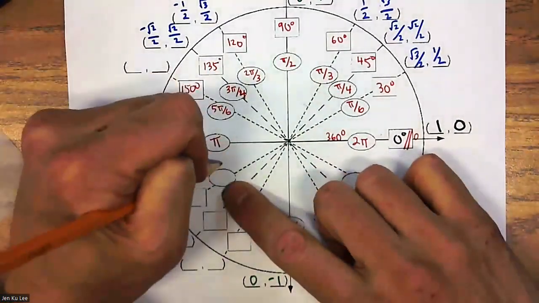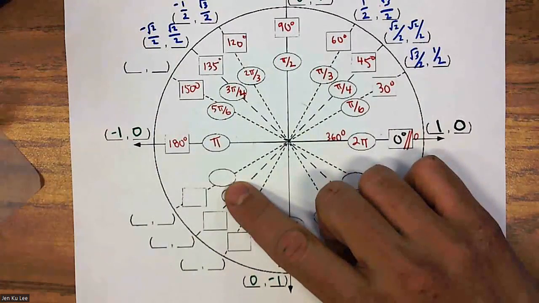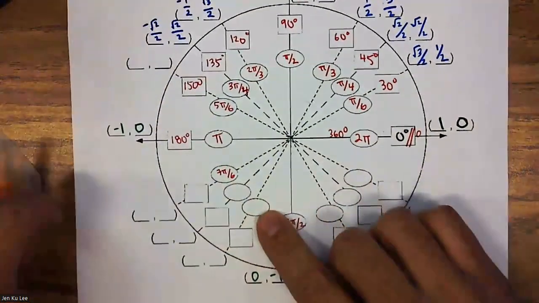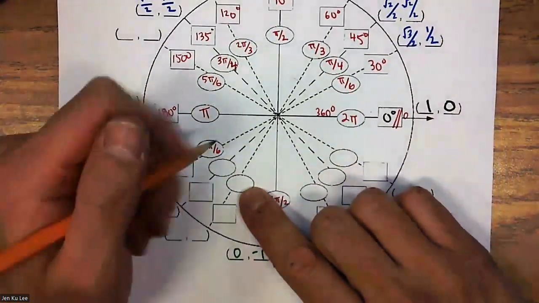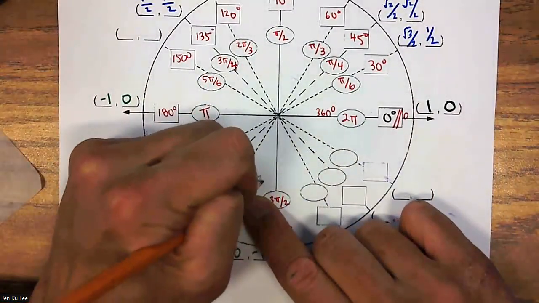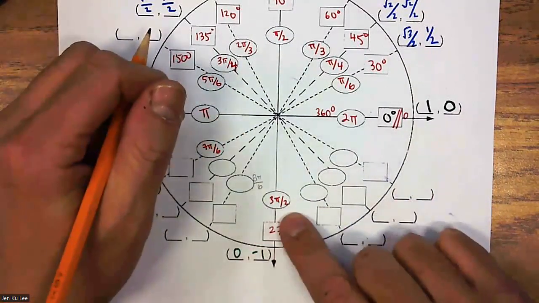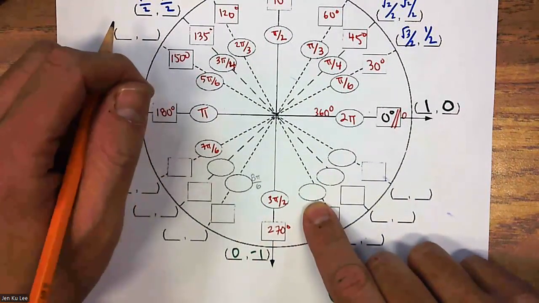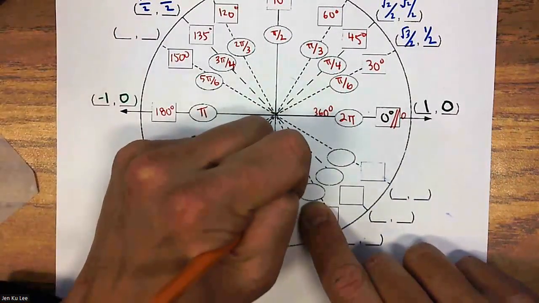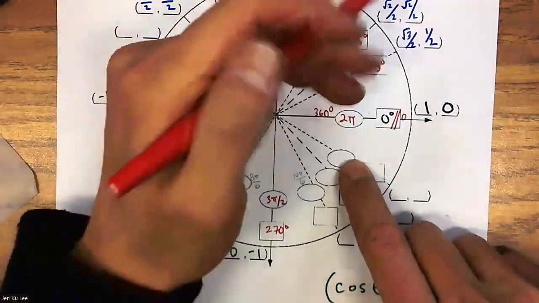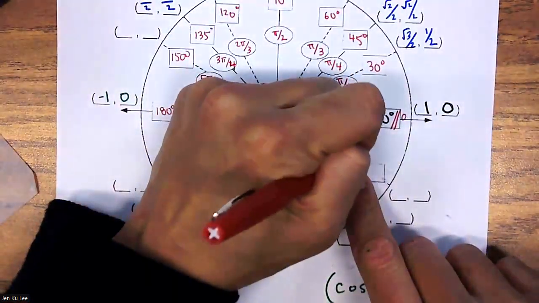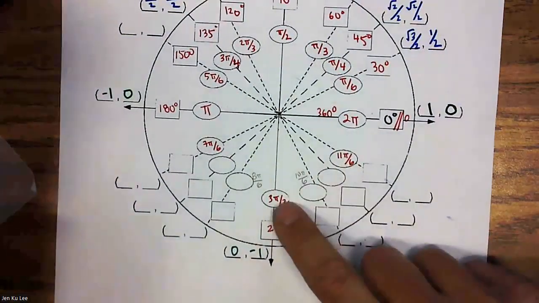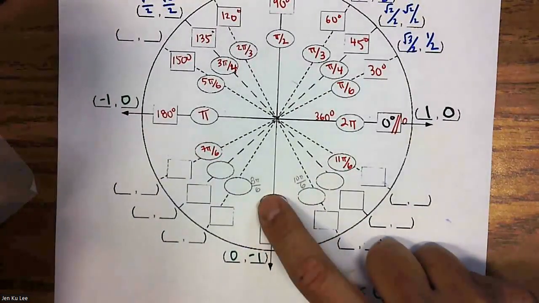And then this guy is 7 pi over 6. This with just another extra 30 degrees is 8 pi over 6. 9 pi over 6, which is 3 pi over 2. 10 pi over 6. And then this would be 11 pi over 6. Okay?